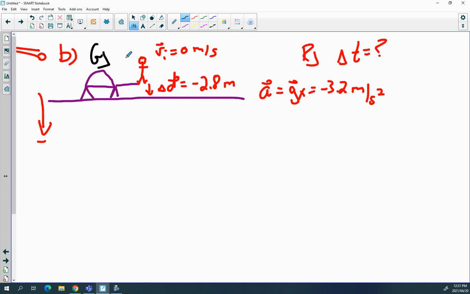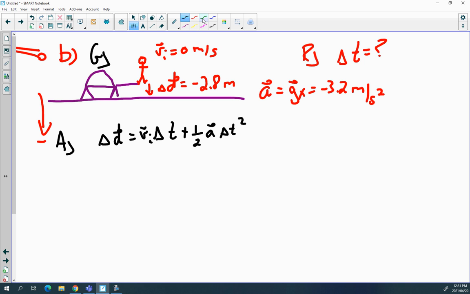Now, this is a good time for us to review our kinematics equations, and we need to pick an appropriate kinematics equation that will allow us to calculate time, and it's this equation right here.